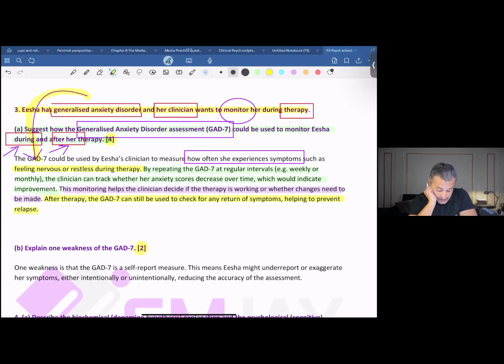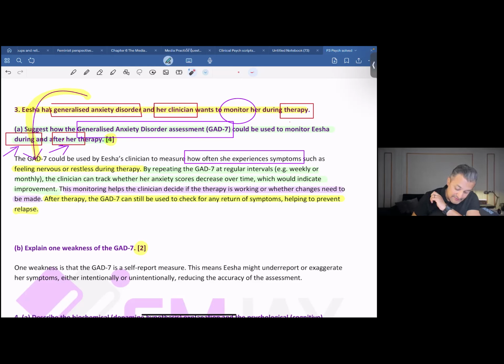Now, what are we talking about? How is it that we could get 4 marks over here? If we have a look at the marking schemes from the past for a question of this sort, it says you get 1 to 2 marks for basic description, and if you very clearly apply the monitoring process, if you very clearly explain, contextualize, and then explain how whatever you're suggesting is going to help Isha and her clinician, that is how you'd get full marks.